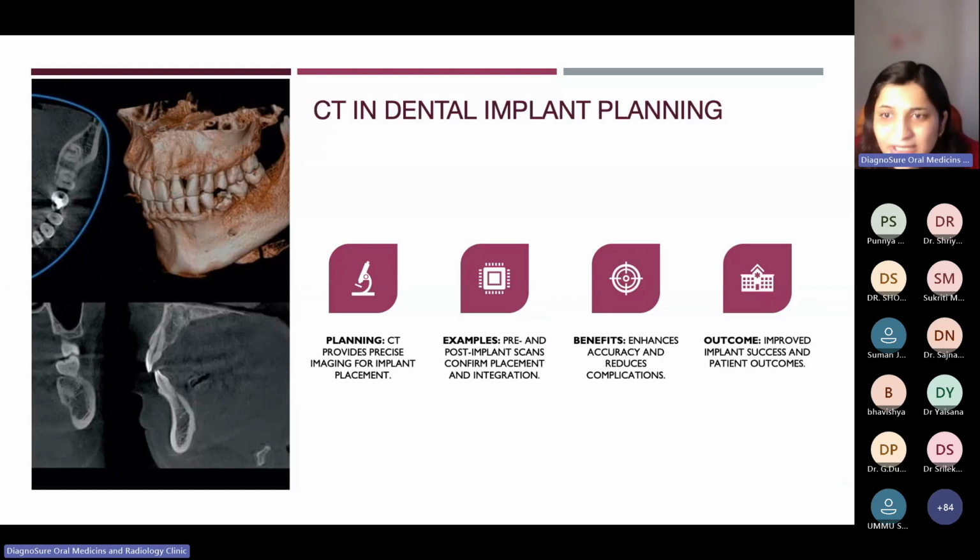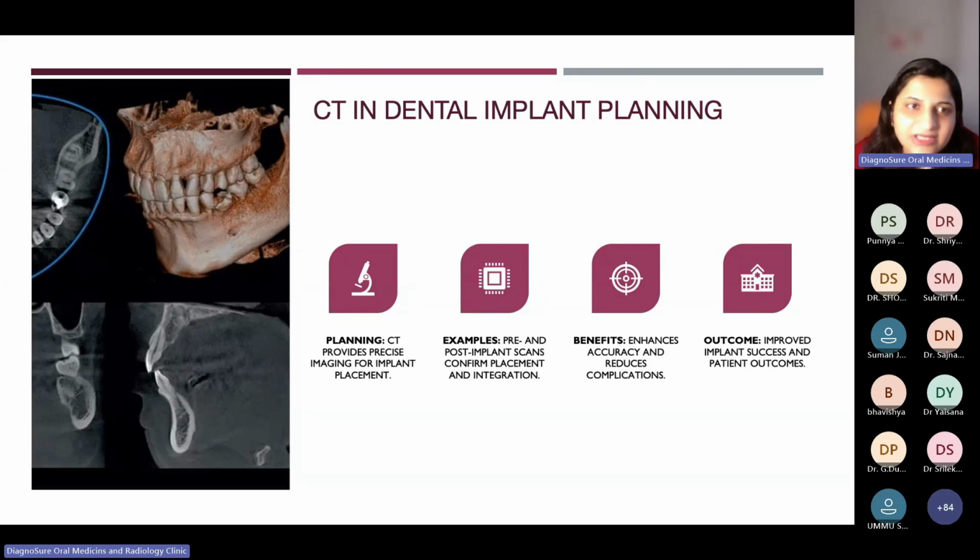Pre-implant CT scans reveal bone structure and density, while post-implant CT scans confirm the correct placement and integration, whether the implant is properly placed or impinging on some adjacent structure. CT can help us determine that. It enhances accuracy, reduces complications, and improves implant success and patient outcomes.